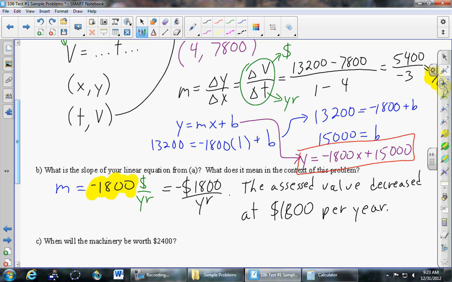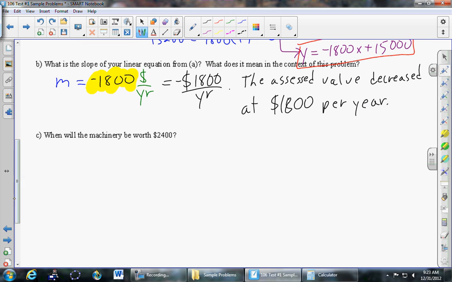Your sentence doesn't have to be word for word with that, but it does have to get all the ideas across. And maybe instead of at, I'll change it to by. Assessed value decreased by $1,800 per year.